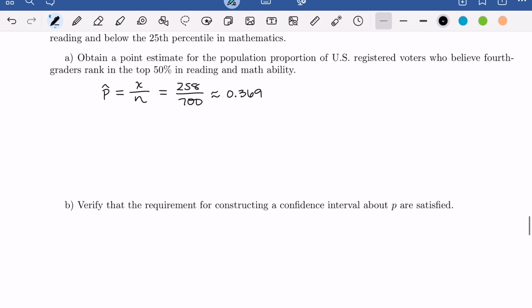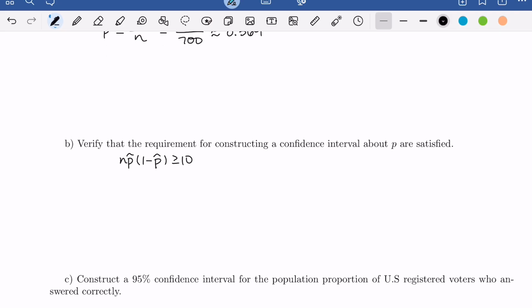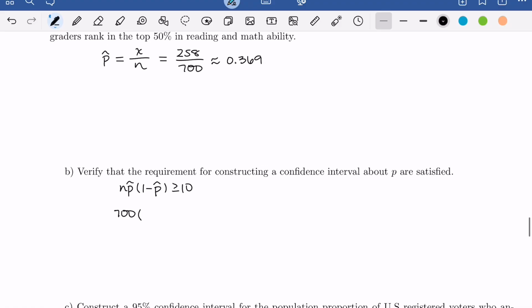Let's look at part B here. We want to verify that the requirements for constructing a confidence interval about p are satisfied. So the sample is a simple random sample. We need to make sure that this quantity, n times p hat times 1 minus p hat, is greater than or equal to 10. So let's plug in our known values. We have 700 for n. We just found p hat to be approximately 0.369.